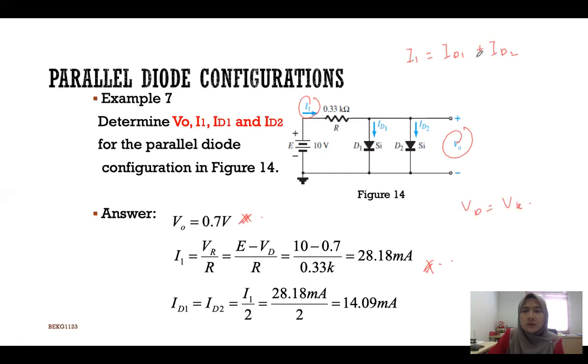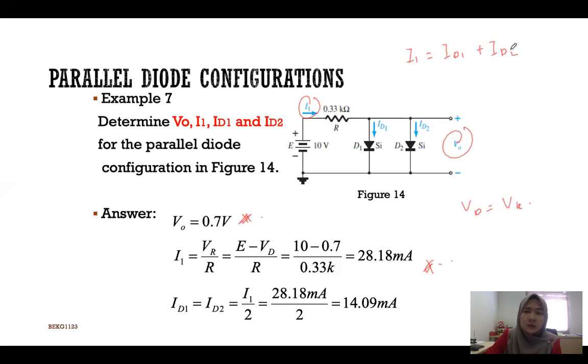Since the material is the same, silicon, and the voltage VD is the same, which is 0.7, the values of ID1 and ID2 should be the same.